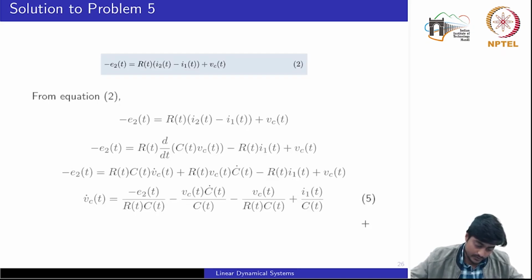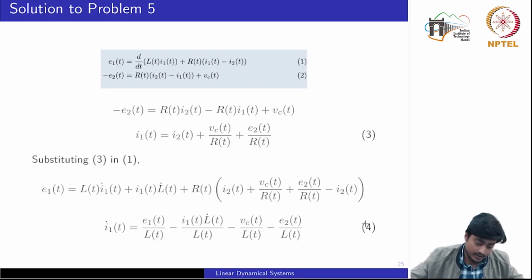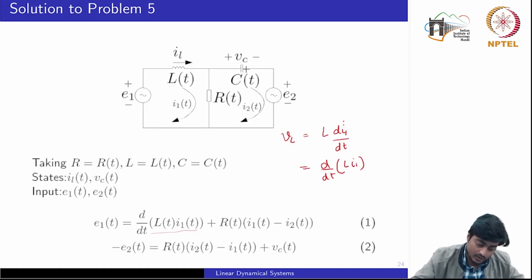So from equation 2 we get this. Another point: once you start writing the equation for this capacitor loop, here Q is given by C V, and we are taking the current and the voltages.